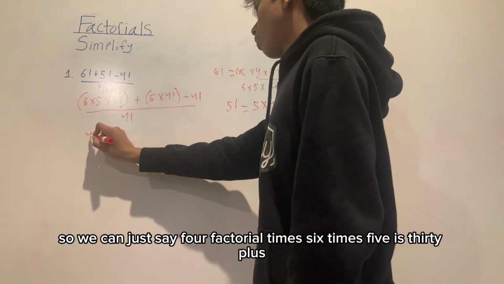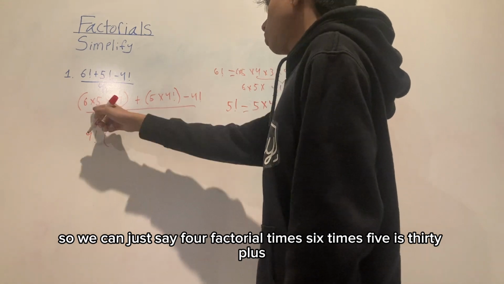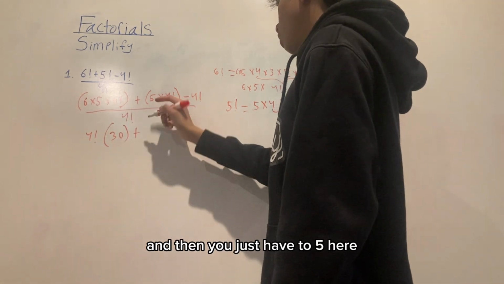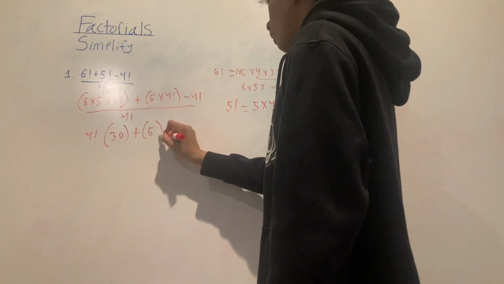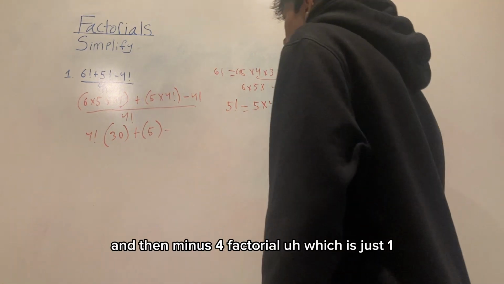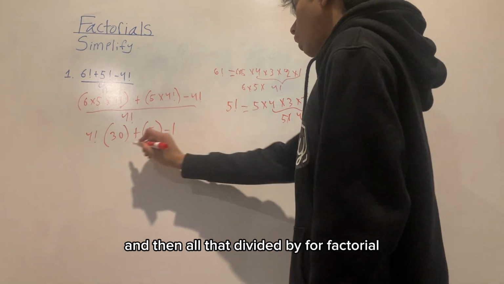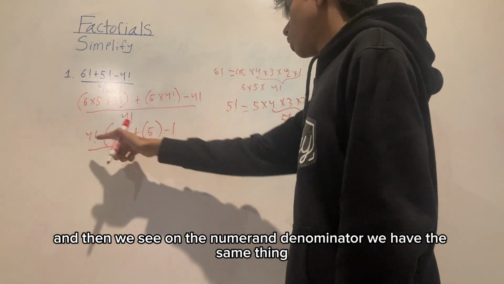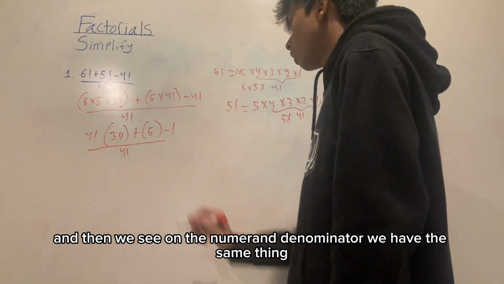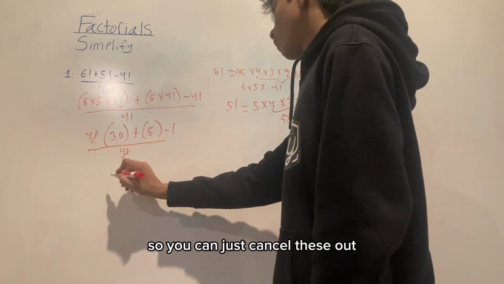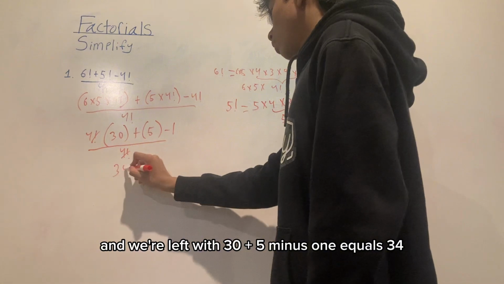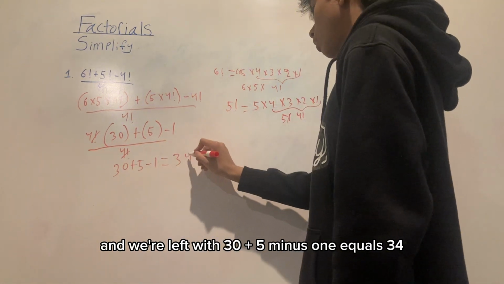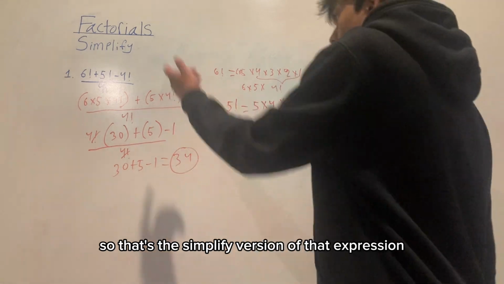So we can just say 4 factorial times 6 times 5 is 30, plus 5 here, and then minus 4 factorial, which is just 1. And then all that's divided by 4 factorial. And then we see on the numerator and denominator, we have the same thing. So we can just cancel these out. And we're left with 30 plus 5 minus 1 equals 34.